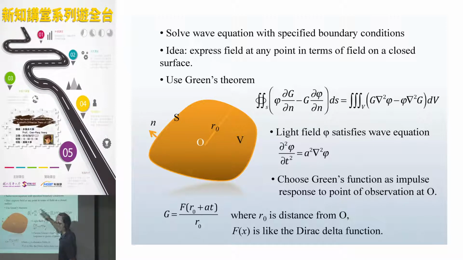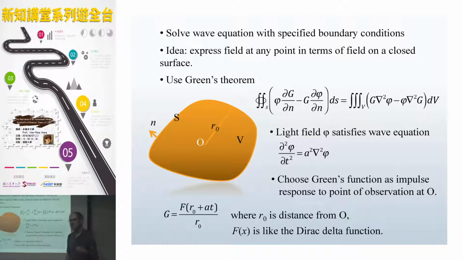One is G, the so-called Green's function. The other is phi, which is a wave function. And the derivative of phi with respect to n is the gradient in the normal direction. The light field phi should satisfy the wave equation.